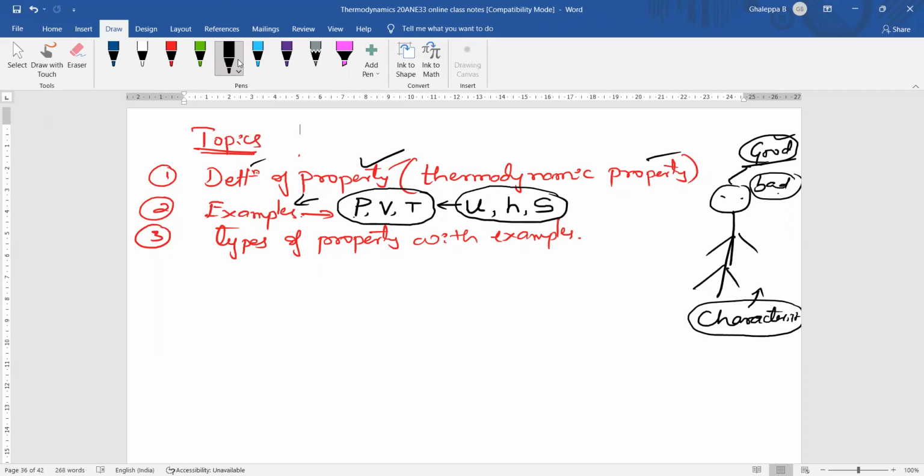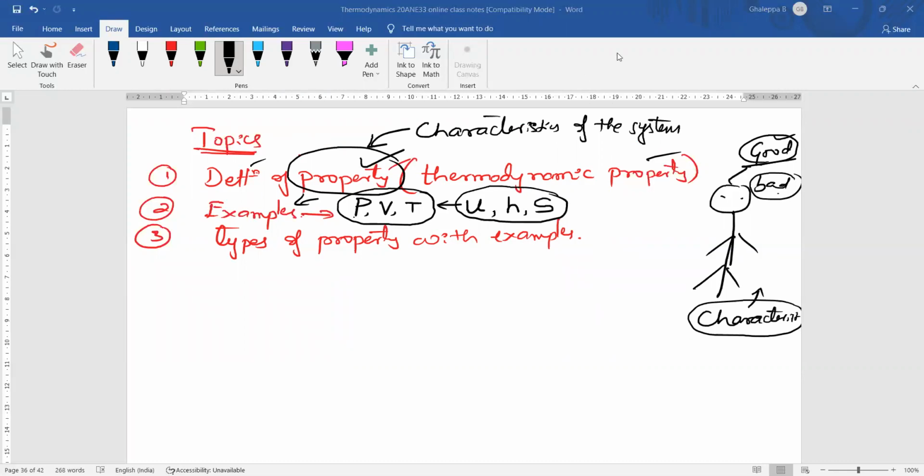Similarly, to define any system, we require some properties. So properties are characteristics of the system, or behavior of the system. However you can write in the exam, they are the parameters.